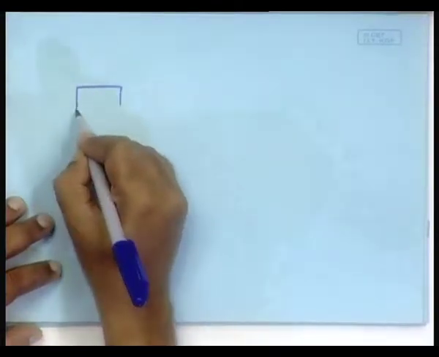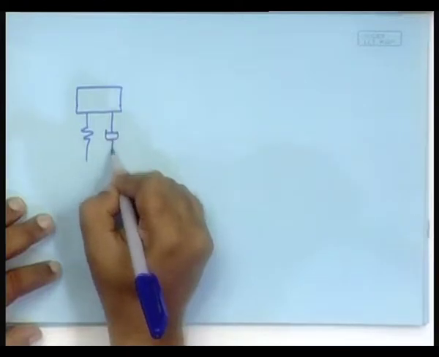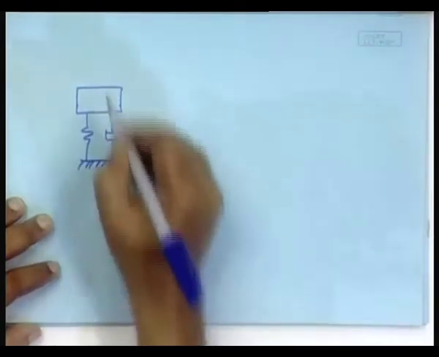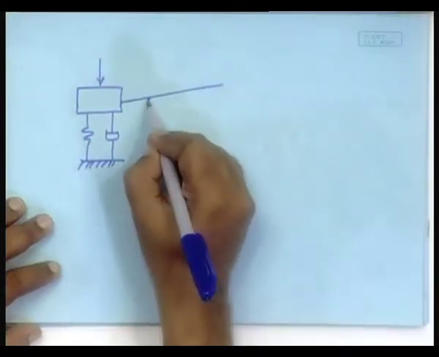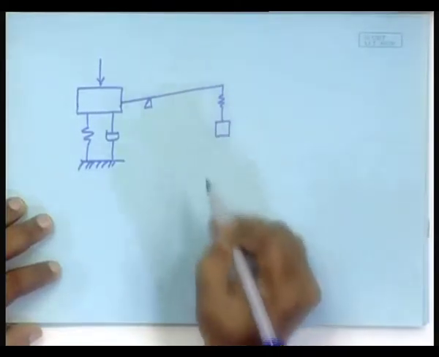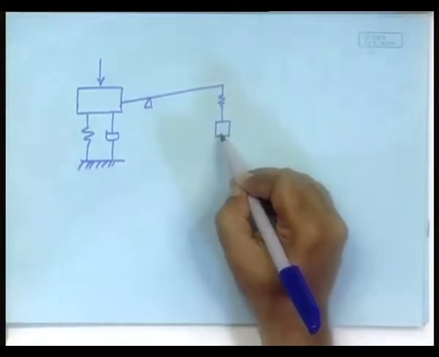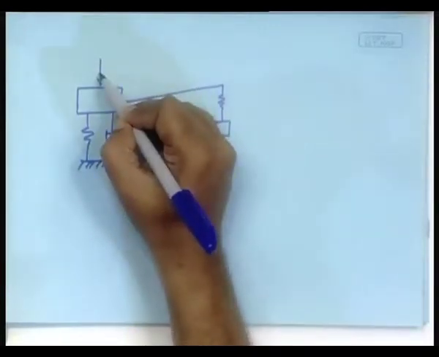You have got a mass, a spring damper arrangement, as we have many times considered this. There is a force and there is another mass, but now notice, suppose that this mass, its position is being observed, and not only that, depending on the observation of this position, suppose you are controlling this force.